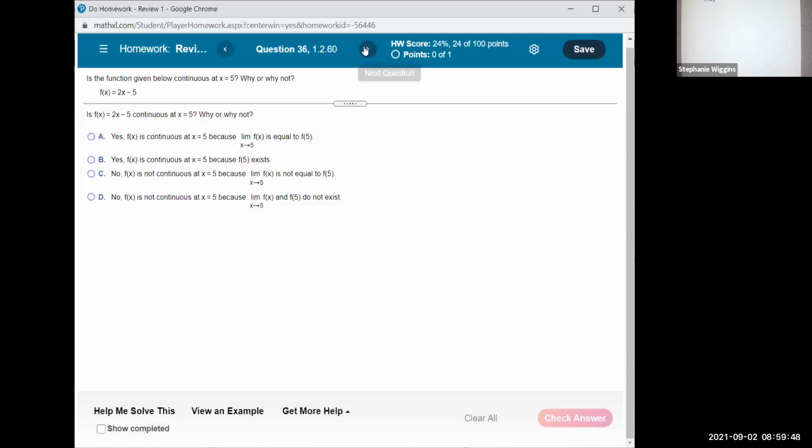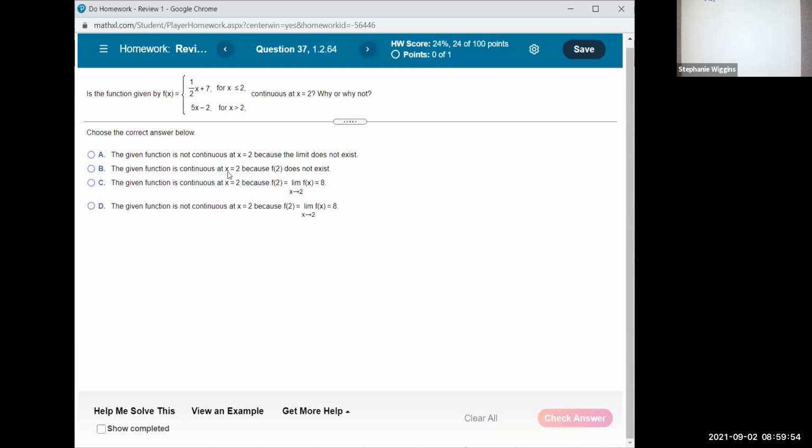But you can just look at it. If it's a polynomial, here's another linear function. It's continuous. Let's find a more interesting one. Aha. Here we have one where there's a break at x equal 2. So the question is, let's work through this one carefully because this can be kind of tricky. So I'm going to copy this down.